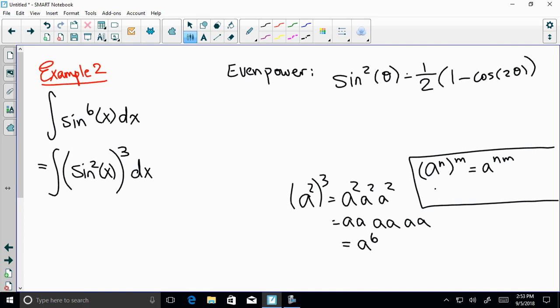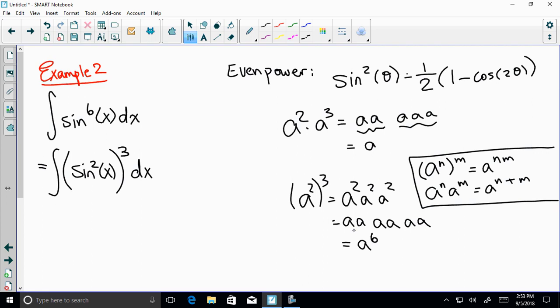And the other one is a to the n times a to the m is a to the n plus m. Why is that? Because if I've got a squared times a cubed, this means a times a, right? This is a squared. And this means a times a times a. That's a cubed. How many a's do I have now? 5.